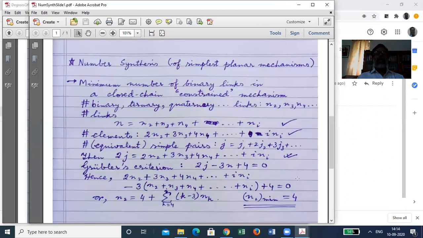So, that topic is number synthesis. Through this subsidy, we will ensure that the next lecture doesn't turn out to be inordinately long. So at this point, I will take a little break.